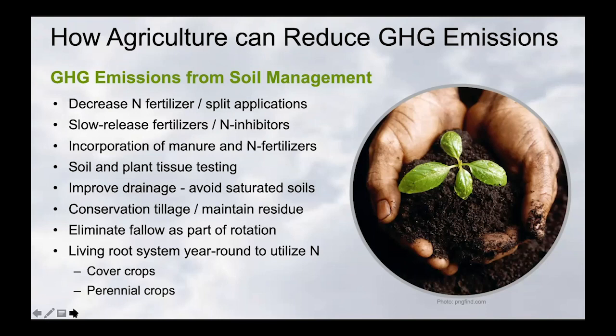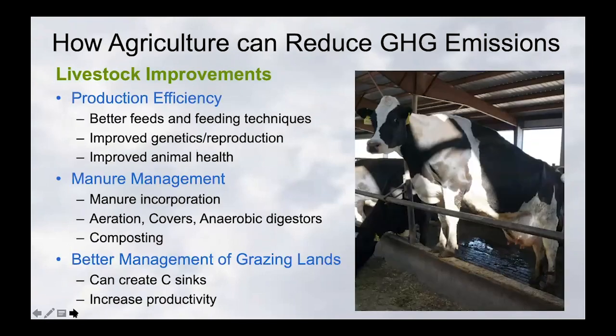From the livestock side, we're doing a lot of it. Our production efficiency, the more we can improve our production efficiency, the better off we are. So the better feeds and feeding techniques. In that study that Carrie was referring to, we're looking at having the livestock, the cows, graze grass legume mixtures, with the legume having tannin.